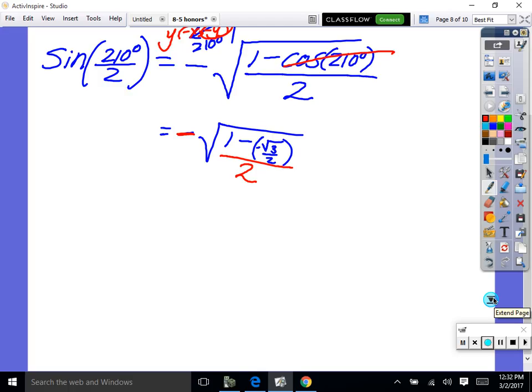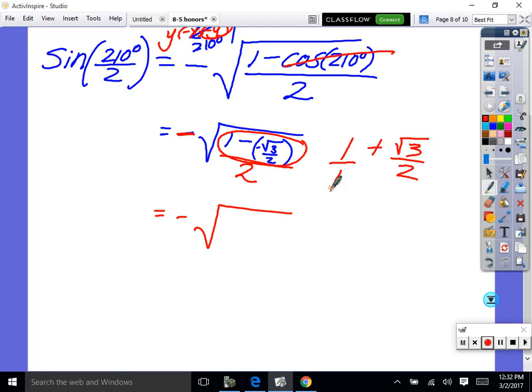So we have negative square root of, right here, we're going to want to get a common denominator. Won't that technically be 1 plus root 3 over 2, because minusing a negative? So this is over 1, right? I'm just going to get a common denominator, multiply by 2 over 2. So what we have on top is technically 2 plus root 3 all over 2.